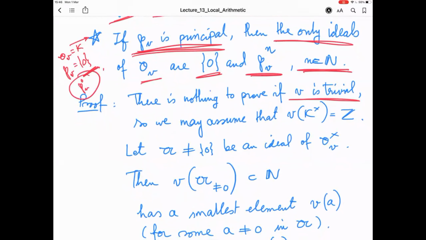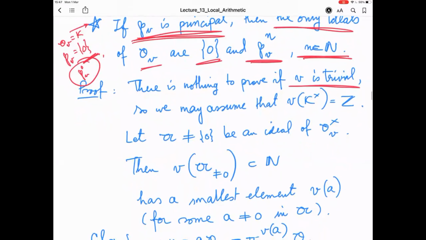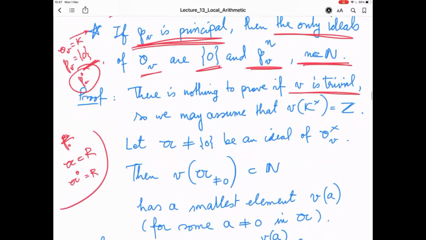That's why I allow n to be 0: if A is an ideal in some ring R, then A to the power 0 is of course equal to R.